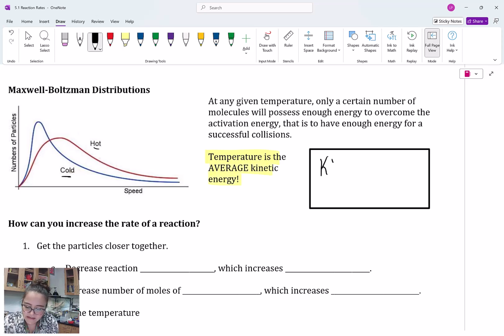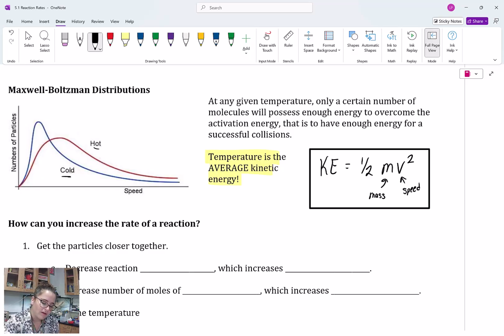So kinetic energy, if you remember, is 1/2 mv squared. That one is on your equation sheet, where m is the mass of the particles and v is their speed or velocity.